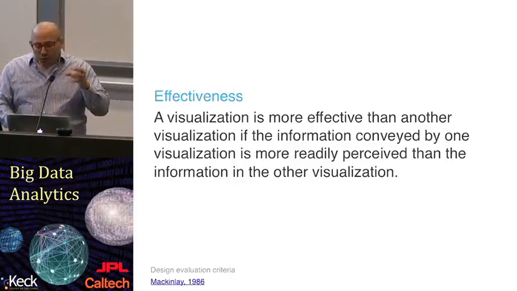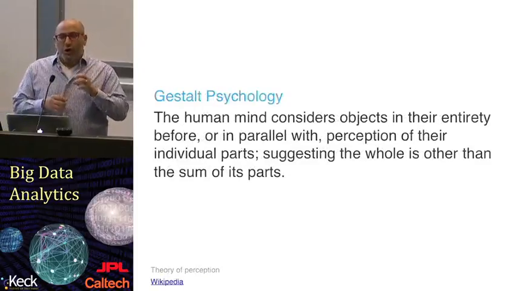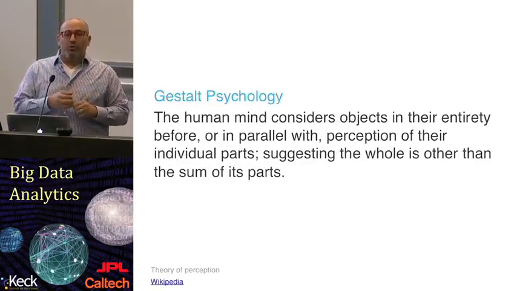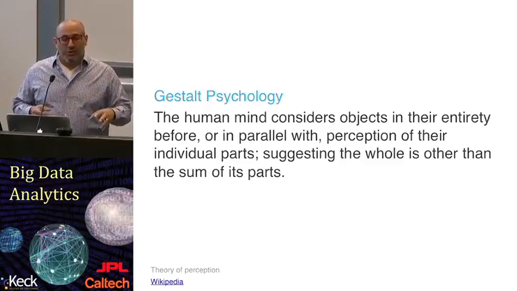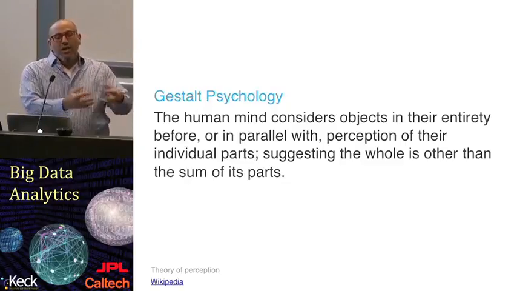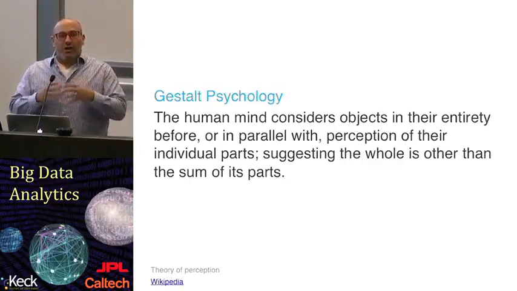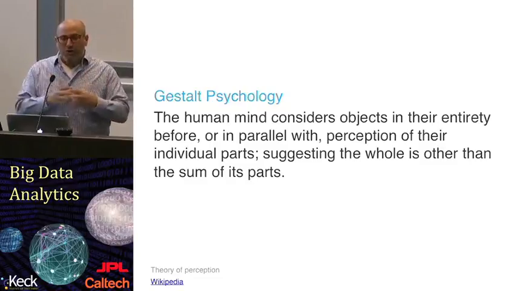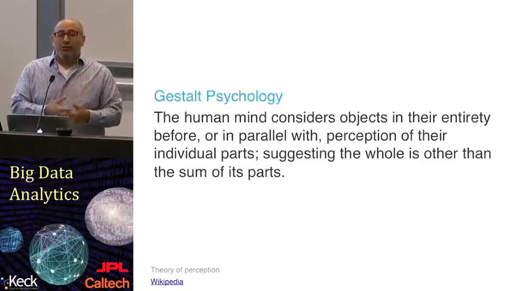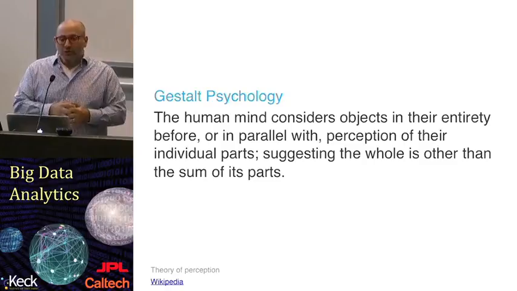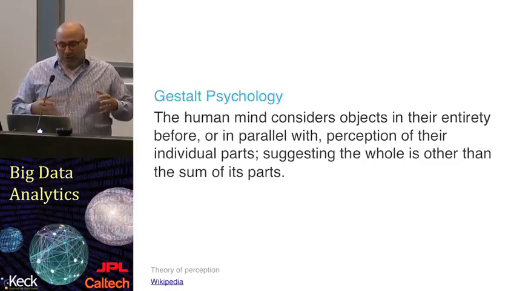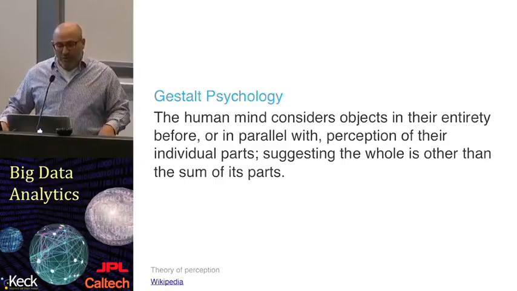In this section, I'm going to quickly talk about some of the important qualities of human perception and see how they affect the way that we should structure data when we present it visually. The first is a quick walkthrough of Gestalt psychology, a school of psychology that came out of Germany.